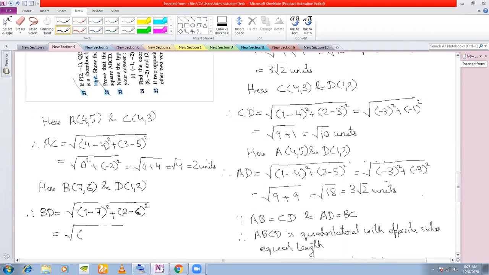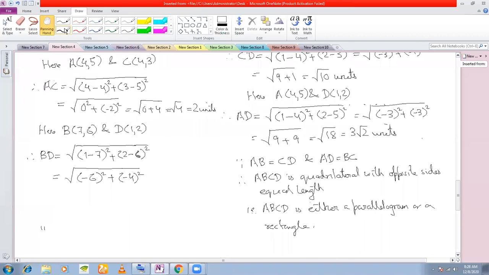Root over of minus 6 square plus minus 4 square is root over of 36 plus 16, which comes to root 52 units. No need to convert to a mixed surd because we just need to check whether AC and BD are equal.